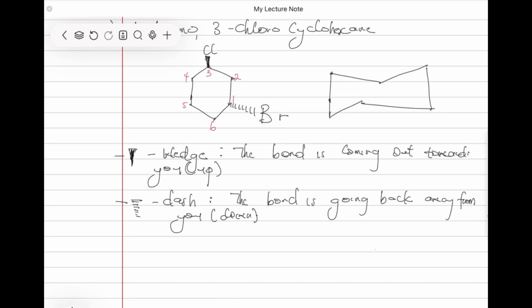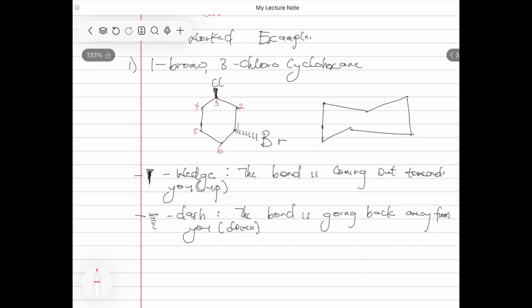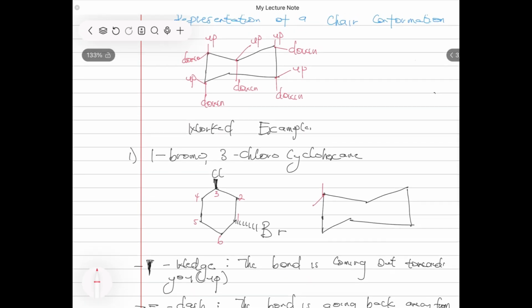So I've drawn my chair. The next step is to draw the up and down bonds. I can have here as down, this is up. Then going further, I can use this as my guideline.